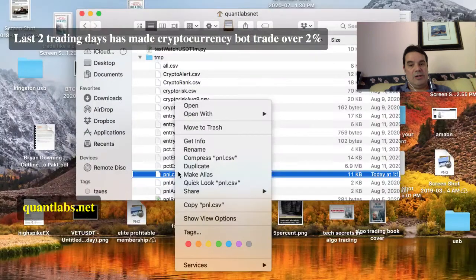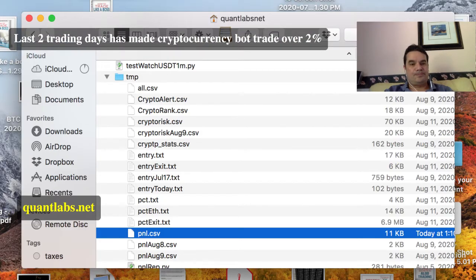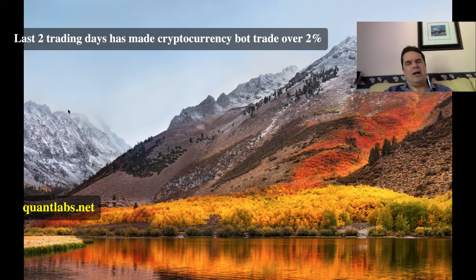Okay, so this is what we're going to look at. This includes all of the trades of the last few days that I'm logging. It's a CSV file. In there, you'll see the actual return for particular positions of time and what pair. So what I'm wanting to show is what pairs are trading really well.